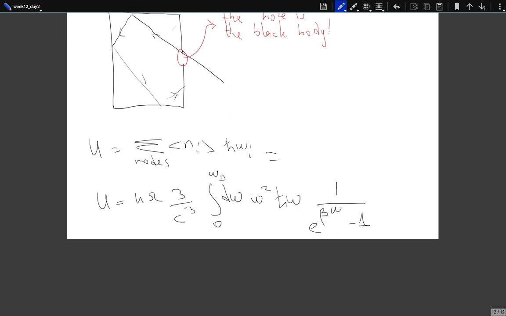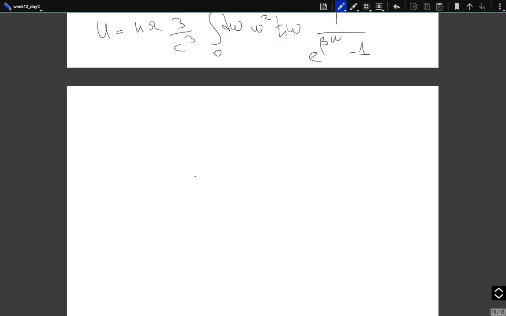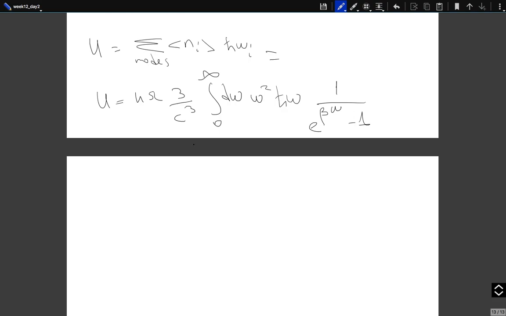Well, of course, the allowed frequencies in this case are not limited, so the upper limit is just infinite. So let me just simplify it slightly.